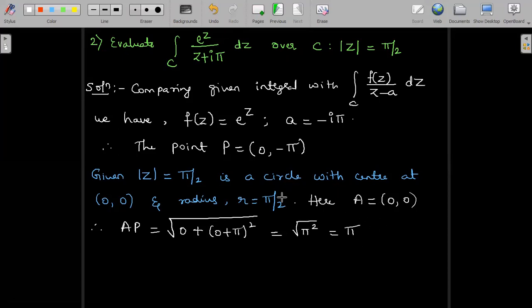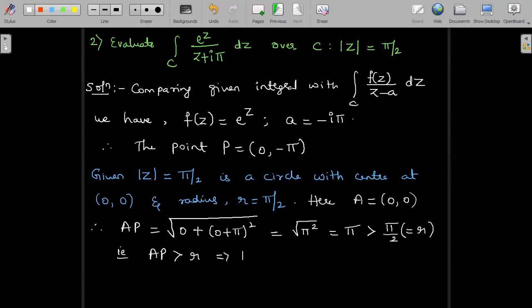I need to compare with the radius r. So π is obviously greater than π/2, and this is r, the radius. So we got AP is greater than r.